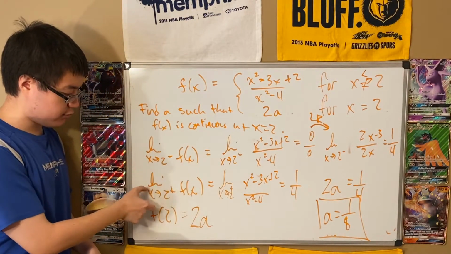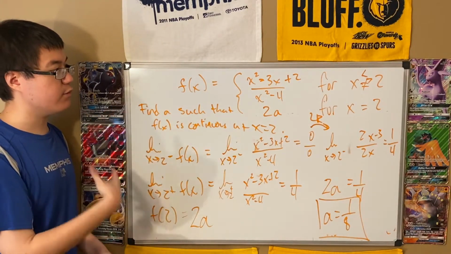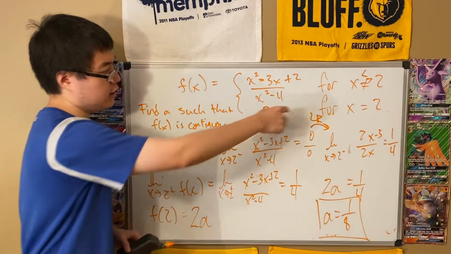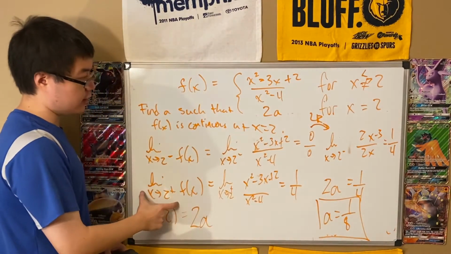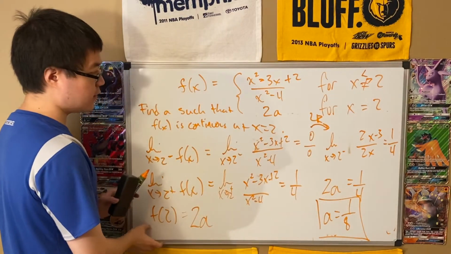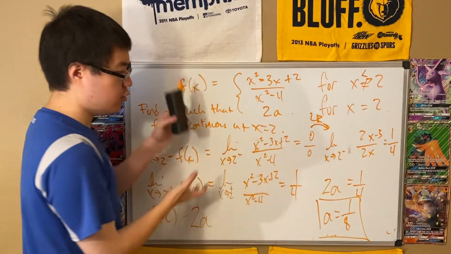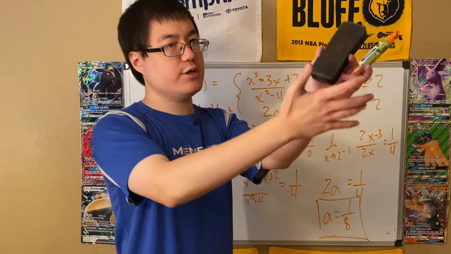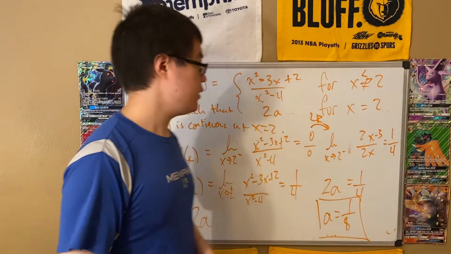The left limit, the right limit, and the function value determine what you need to plug in. You look at the functions, and if you're going from the left, you plug it into the less than. If you're going from the right, you're plugging in the greater than, even if it's presented as not equal. And then for the function value, you plug it in equal. You get 2 things that look the exact same out of the 3, but you're going to set all 3 things to be equal to each other and solve.